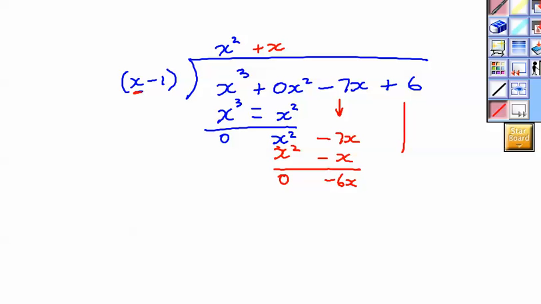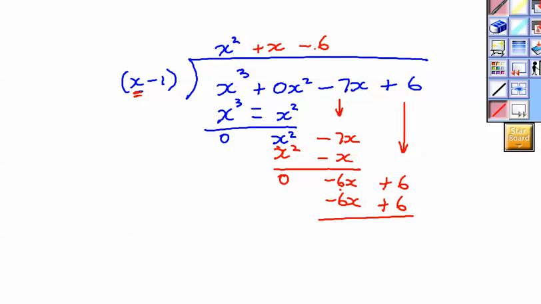Finally, I bring this down again, which gives us positive 6. What do I multiply by x to get 6x? Well, the answer is minus 6. Minus 6 times x is minus 6x. Minus 6 times minus 1 is positive 6.